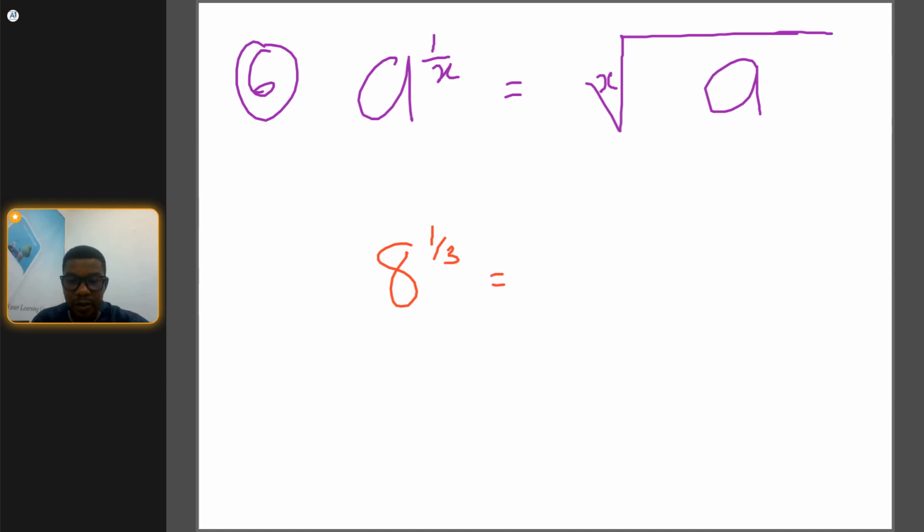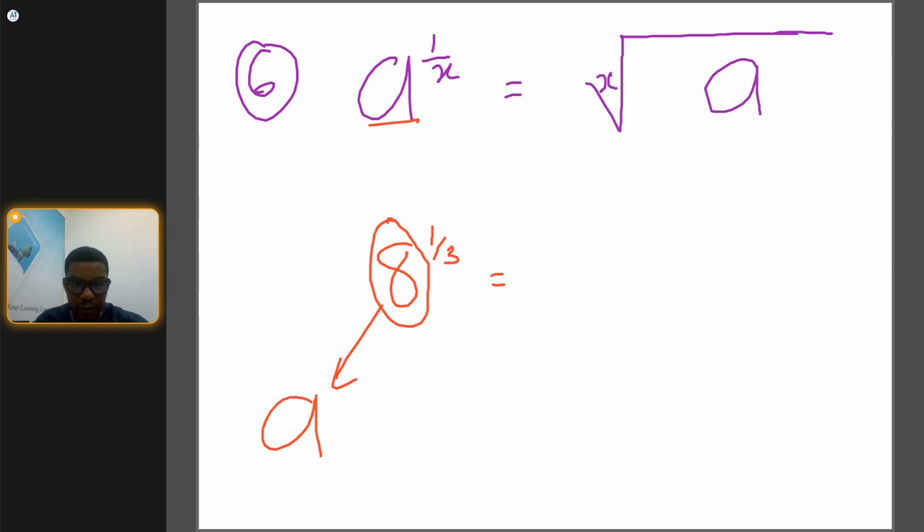All right. I believe Enoch is following us. So we want to simplify this using this law. Now, what you need to do is to compare. So you know how the law is working. We said a raised to power 1 over x is the x root of a. Now, let's identify a in this expression. This 8 here serves as what?